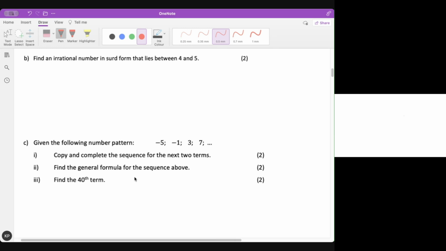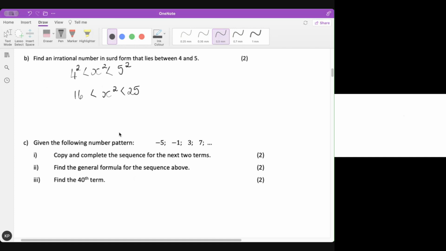Okay, so what we're doing is we're looking for a number x that's between 4 and 5, right? So the first thing I would do is to square them, because then it gives us what the squares are. 25.